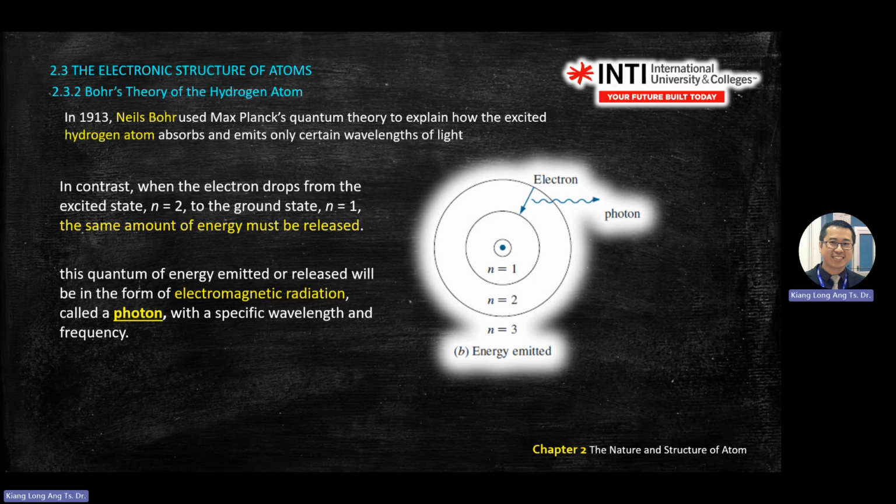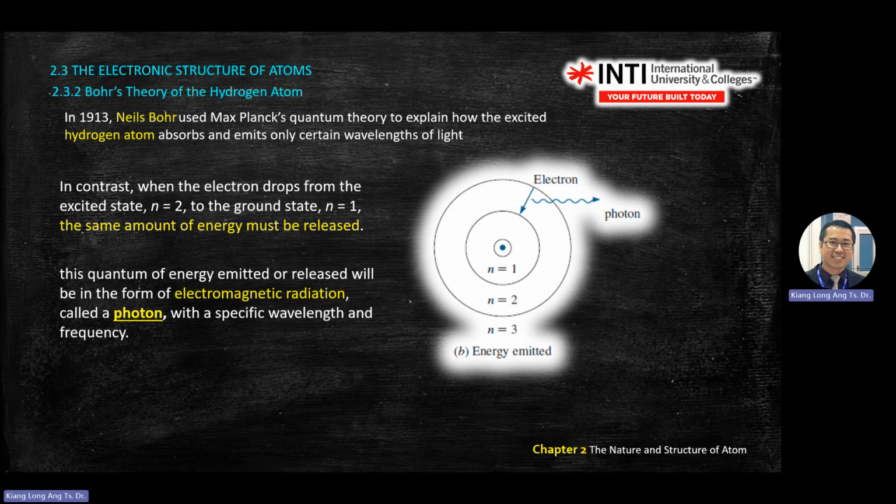So if the question mentions photon, it just means you need to calculate the energy released in the form of electromagnetic radiation, in a specific wavelength and energy. If the question mentions photon, it means we expect you to calculate the energy that is being released.